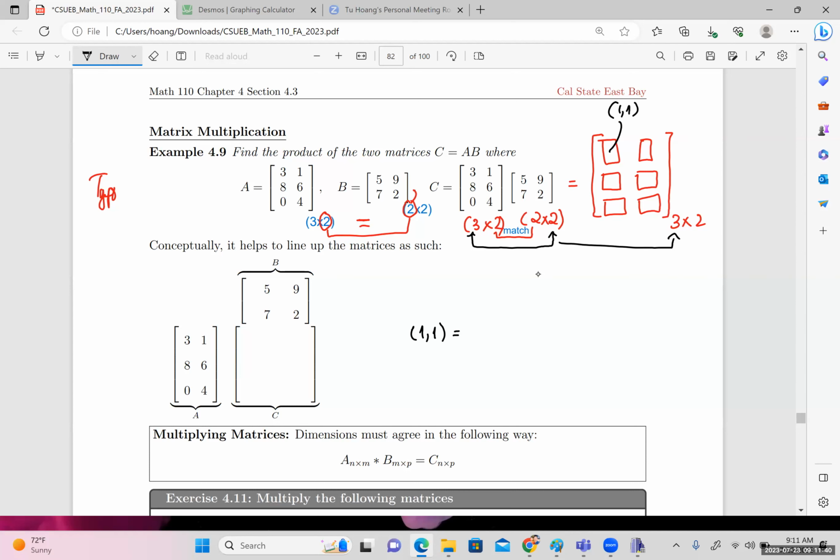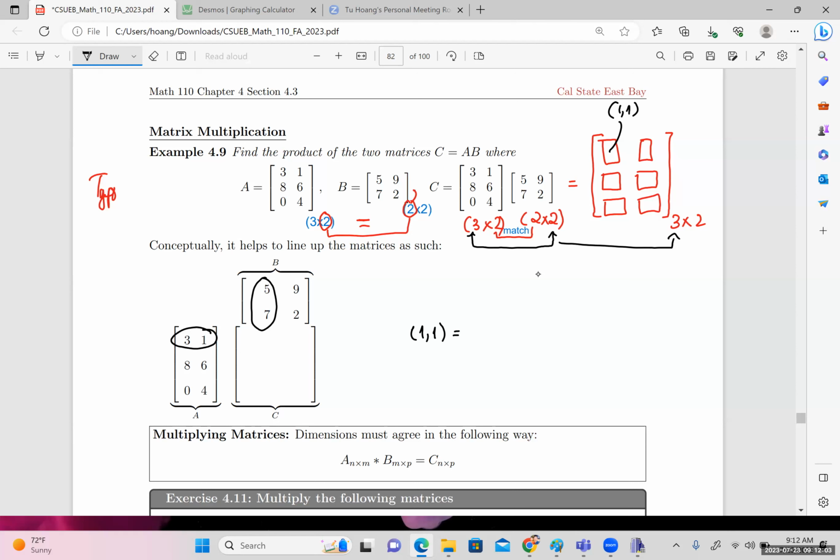We can use the first row of matrix A, the first matrix, and the first column of matrix B to do operations.